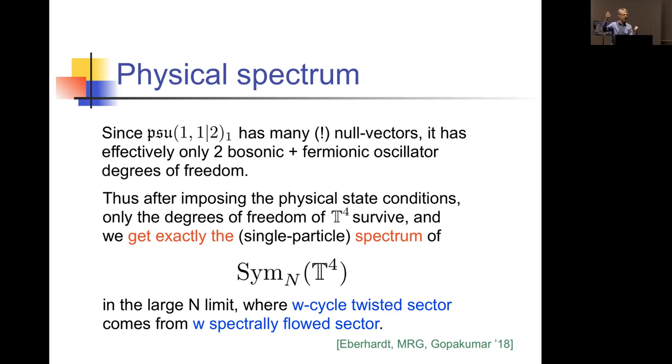So the space-time spectrum will basically look like a T4-like space-time spectrum, except we have this spectral flow parameter. And what will turn out, if you look at this carefully, is that the w spectrally flowed sector simply becomes the w-cycle twisted sector of the symmetric orbifold of T4. And you reproduce exactly the single particle spectrum of the symmetric orbifold of T4 in the large N limit.